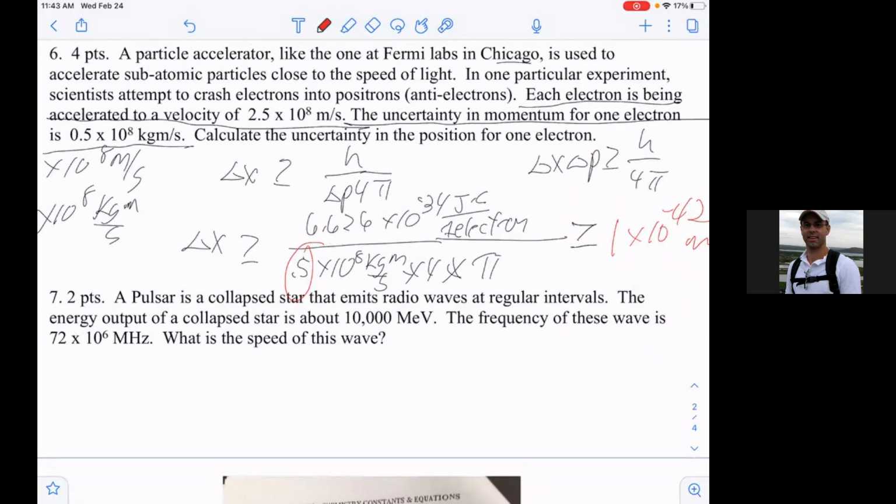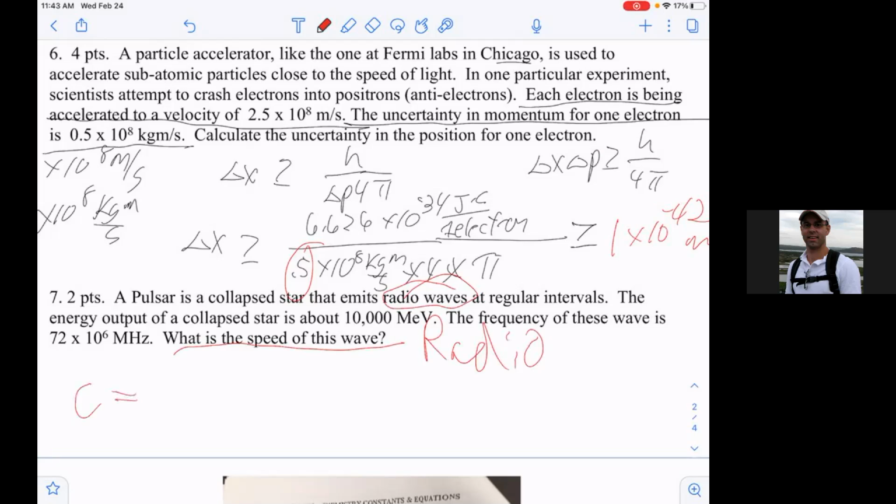All right, for number 7, a pulsar is a collapsed star that emits radio waves at regular intervals. The output of the star is 10,000 million volts. The frequency of the wave is 72 times 10 to the 6th. What is the speed of the wave? So what type of light is this? It's a radio wave, right?